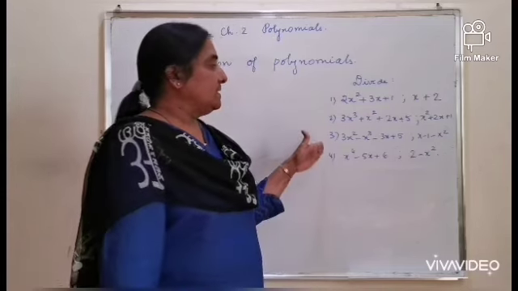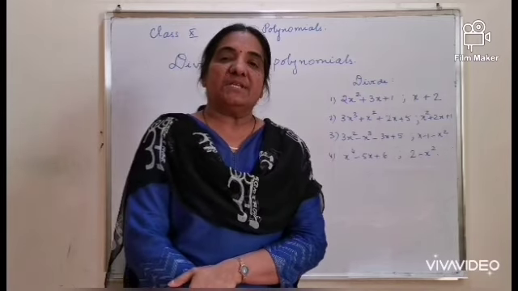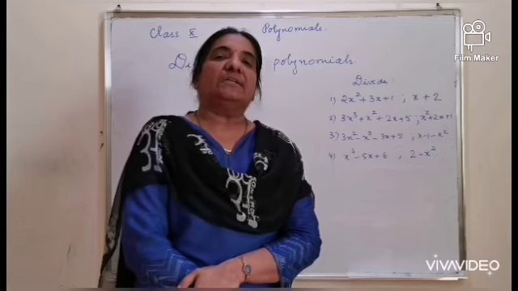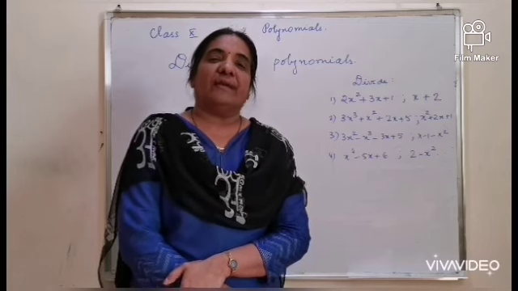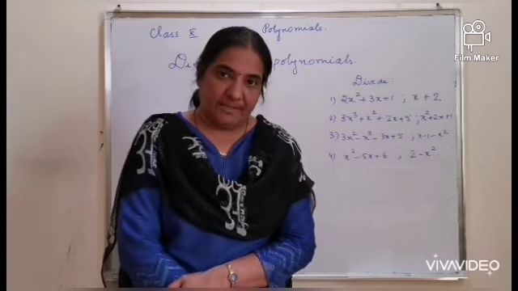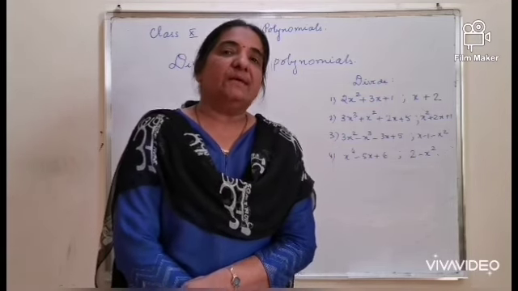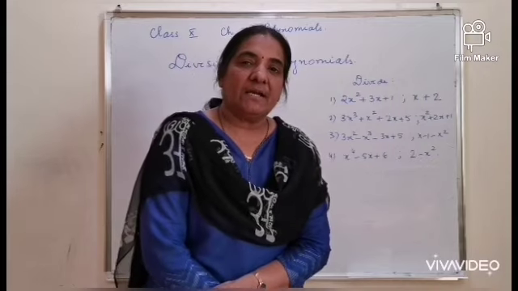Once I work out these division sums, you will all be thorough in finding the quotient and remainder, and later on we will proceed with finding the zeros of a cubic polynomial.